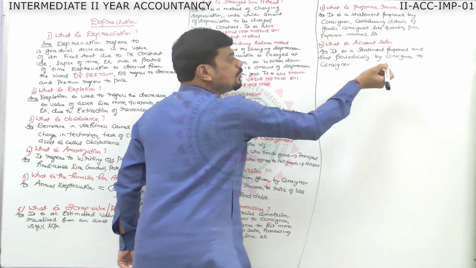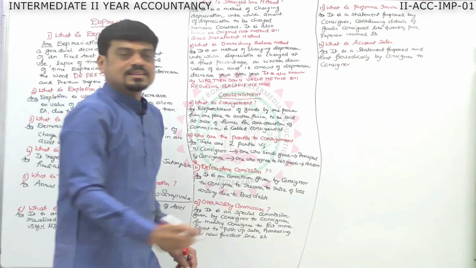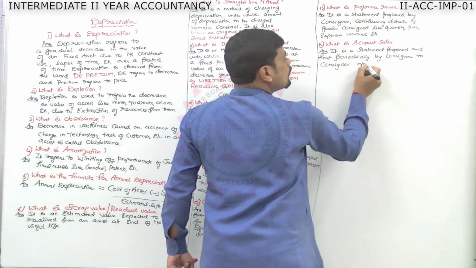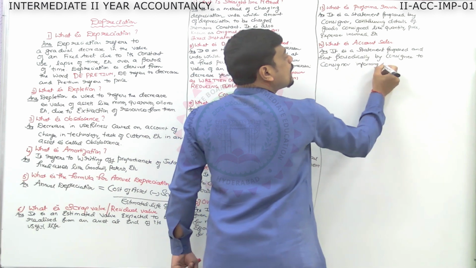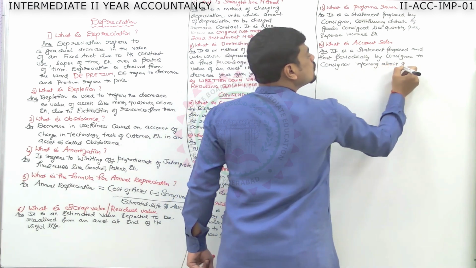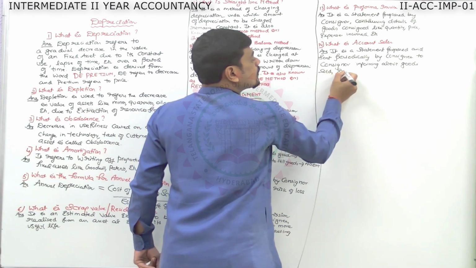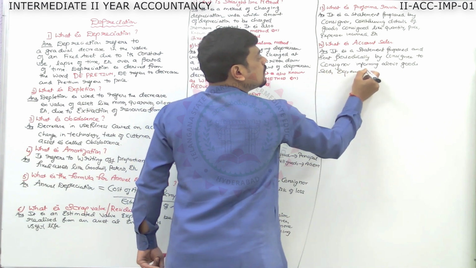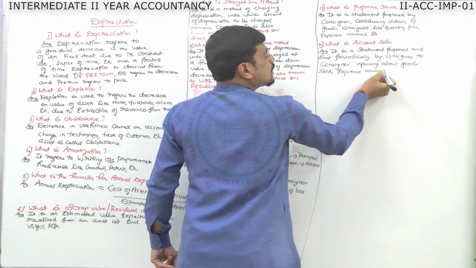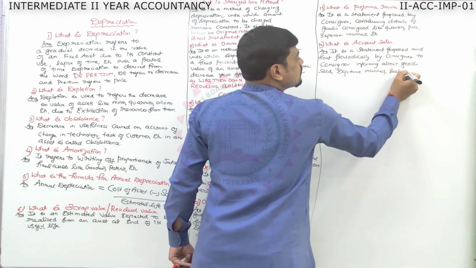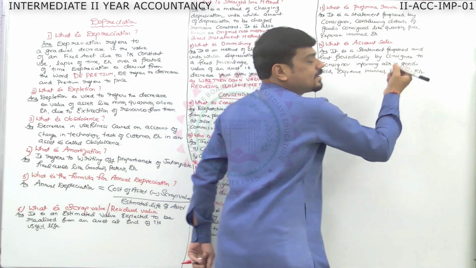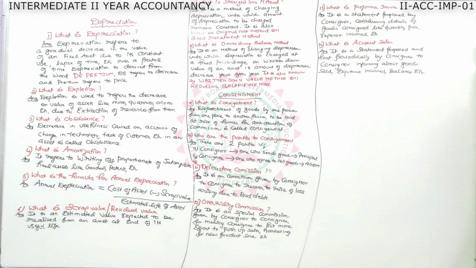Consignor. It is sent by consignee to consignor, informing about goods sold, expense incurred, balance, etc. Like that, advance and all also is going to come.